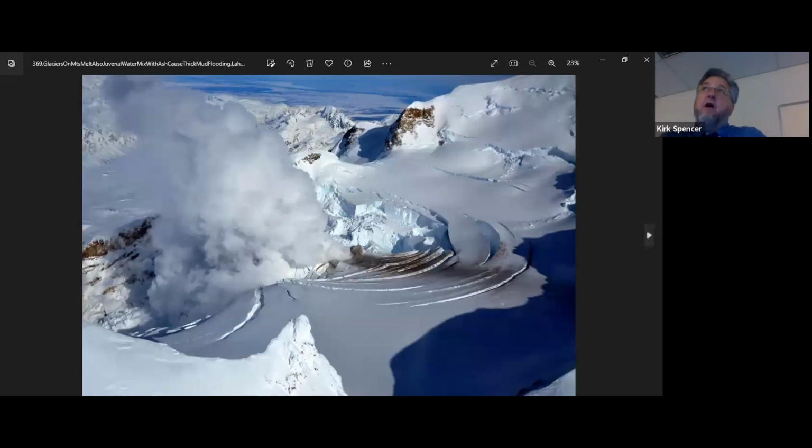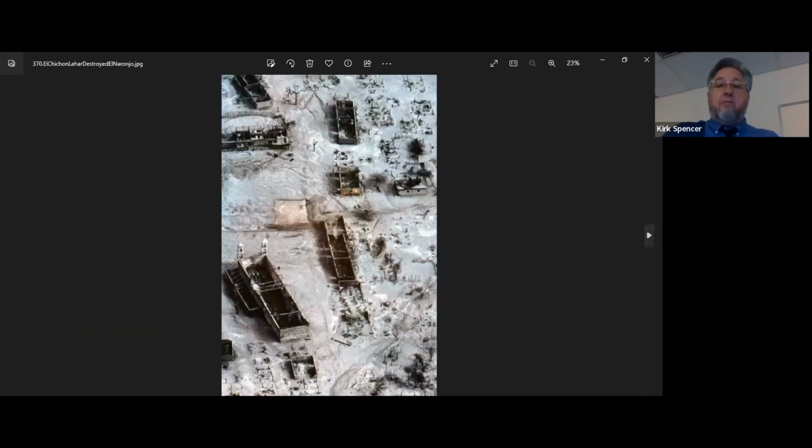Because volcanoes rise above the snow line, there are snowpacks and glaciers that form on the summit. And so as the volcano begins to erupt, they will melt the snow. And the melting snow mixes with the volcanic material during the eruption, and it creates a very, very thick fluid flood called a lahar. A lahar is a volcanic mud flow.